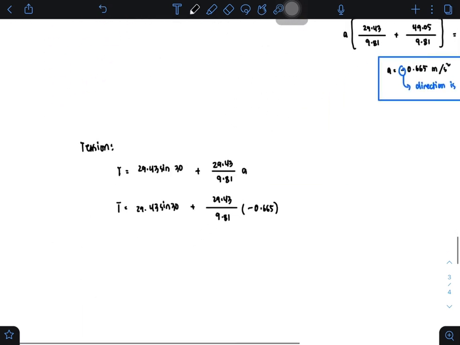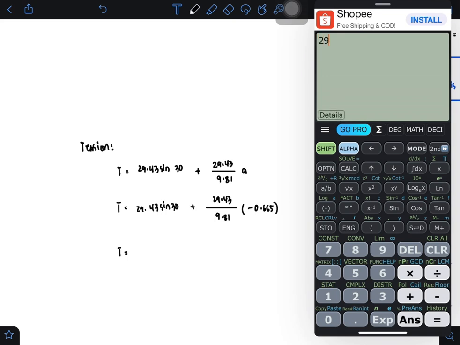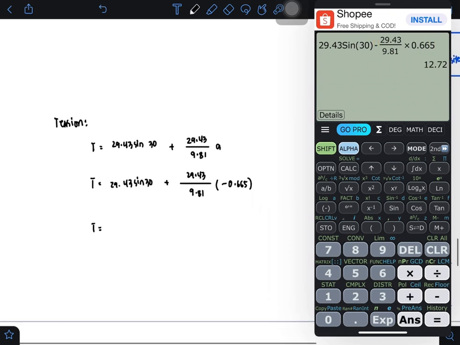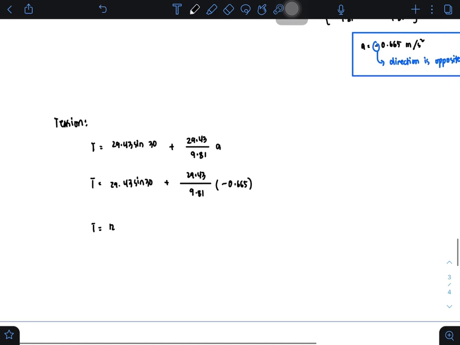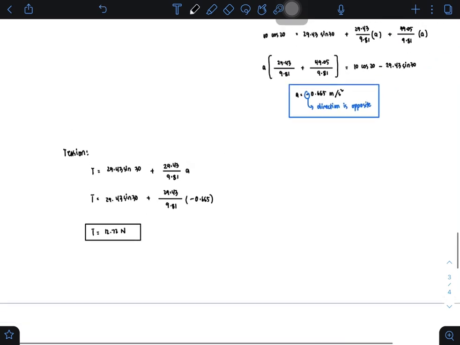So the tension here is 29.43 sine of 30 plus 29.43 over 9.81 times 0.665, with the negative accounted for. That's 12.72 newtons, and this is the tension of the cable.